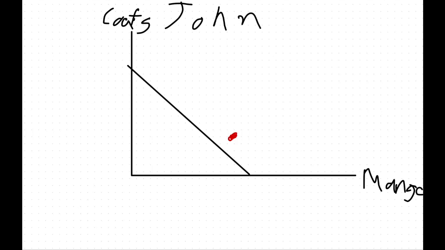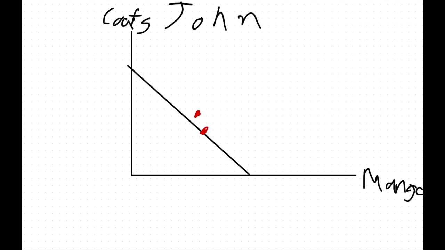Let's say that the number of mangoes and coats that John has is here right now. And let's say that John would prefer this bundle of goods over here, with fewer mangoes but more coats, right?